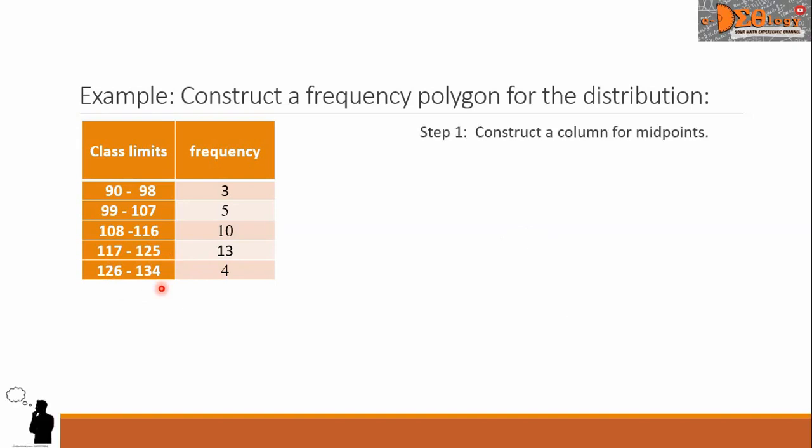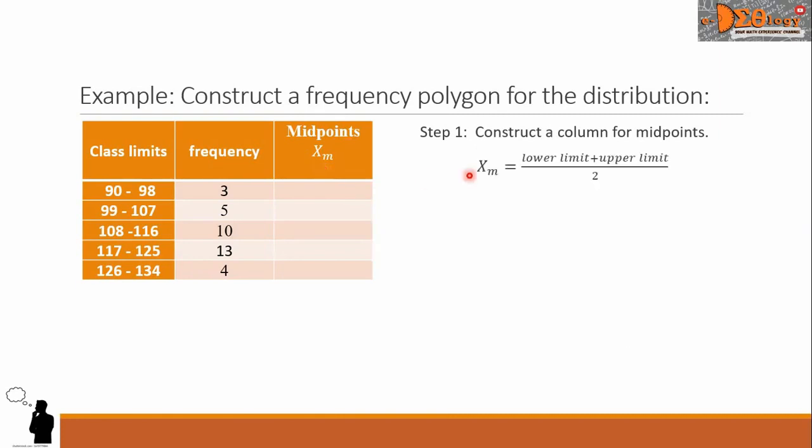For our solution, let us do step 1, and that is construct another column for midpoints. This is the column for the midpoints denoted by x sub m. We're going to use the formula lower limit plus upper limit divided by 2. We know that for this class, the lower limit is 90 and the upper limit is 98.